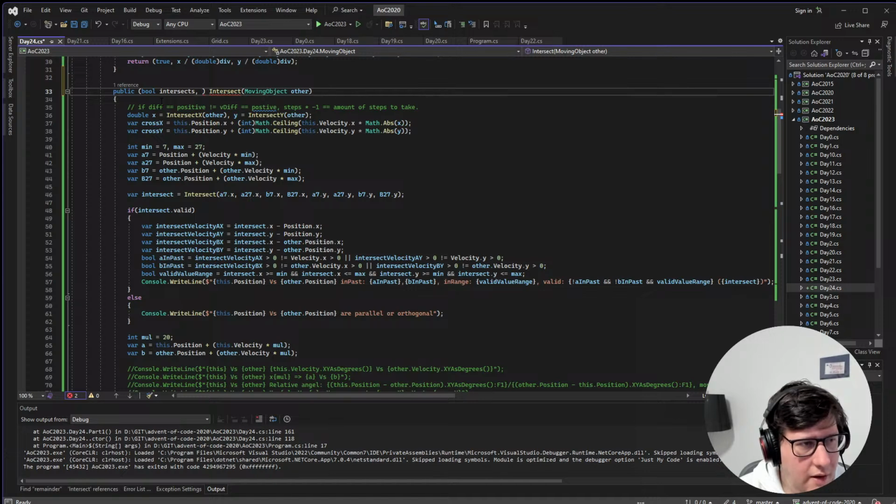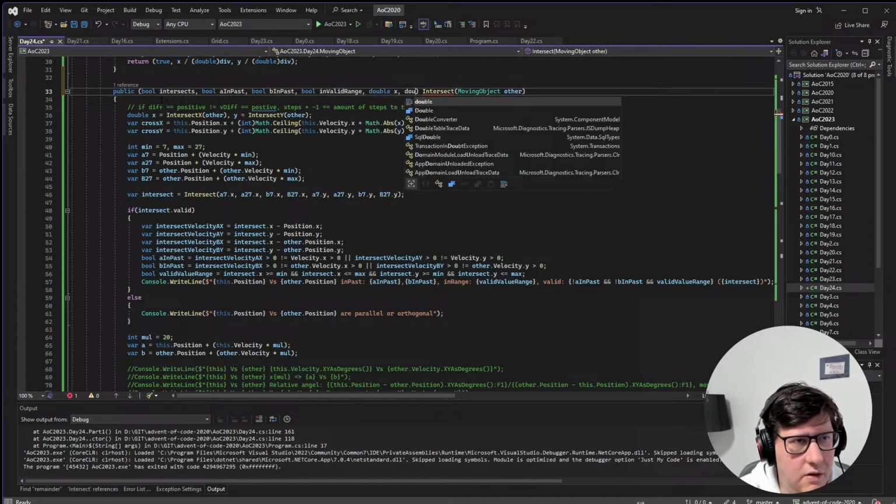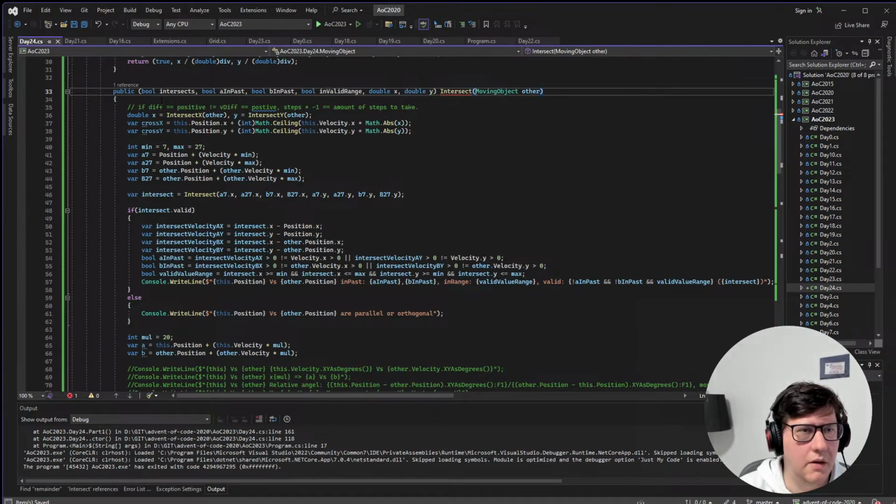Then we want to have bool A in past, bool B in past, bool invalid range, and then we do double X, double Y, something like this. And then we do a long min, long max, like this.